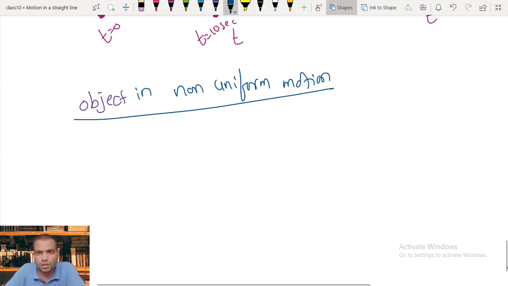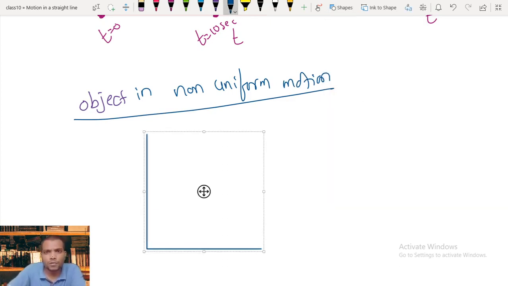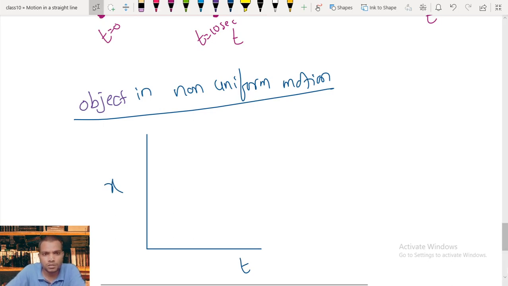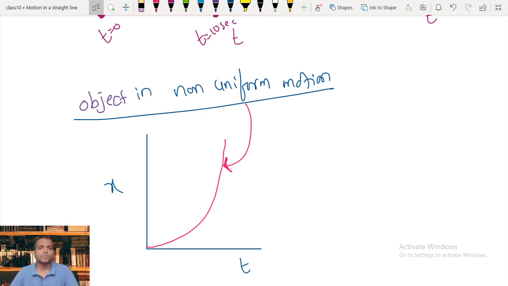If you remember how the graphs look for objects in non-uniform motion, if this is the position versus time graph, something like a curve shape we use to represent it. This is not a line, it's a curve. This curve tells us the object is in non-uniform motion.